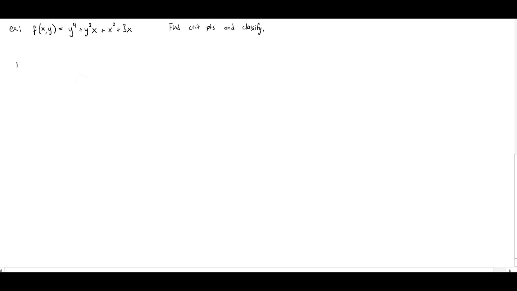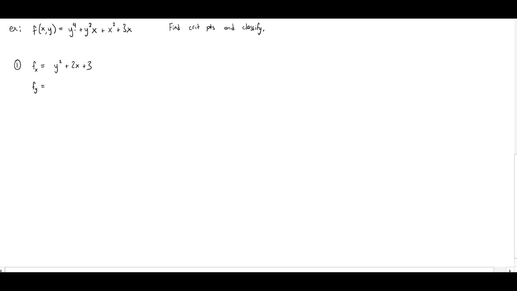So let's take a look at the partial derivatives. So let's get fx first. With respect to x, we're going to get 0 plus y squared plus 2x and plus 3. Now the partial with respect to y.